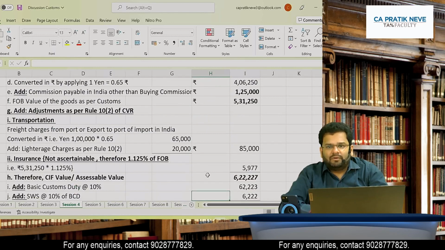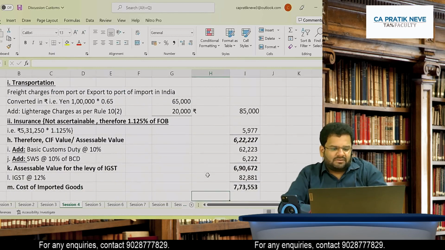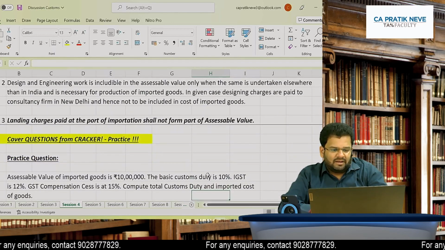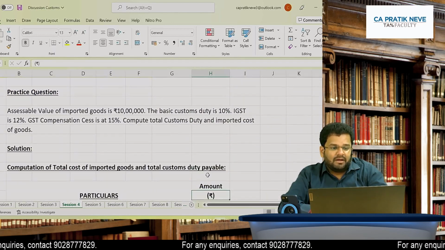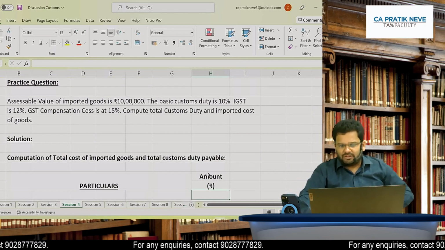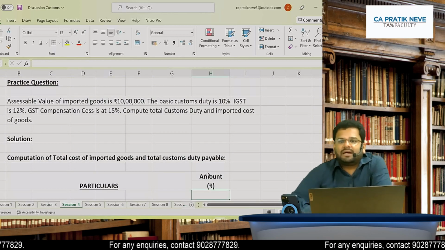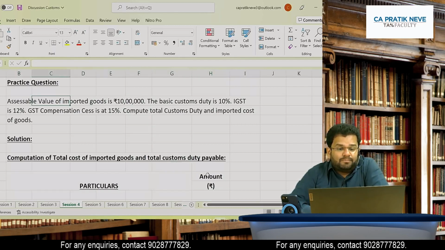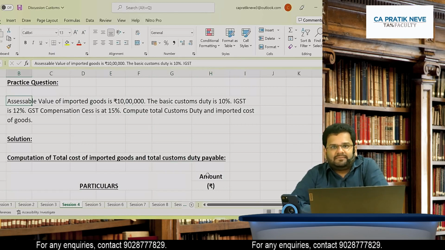कुछ नहीं. What changes is figures, otherwise everything remains same. ये एक बहुत ही बढ़िया क्वेश्चन था. This was one very good question. See if we can handle it. Assessable value of imported goods is 10 lakhs.